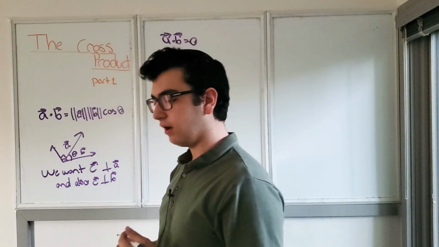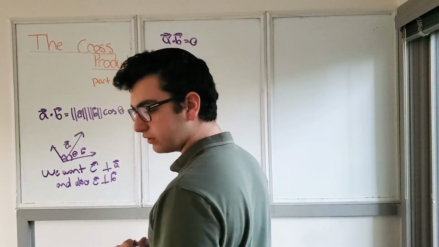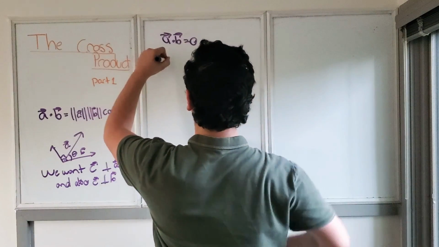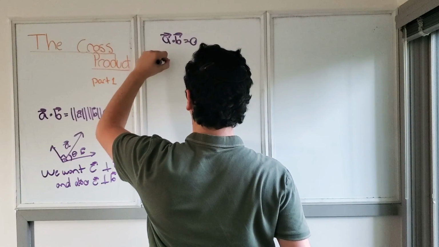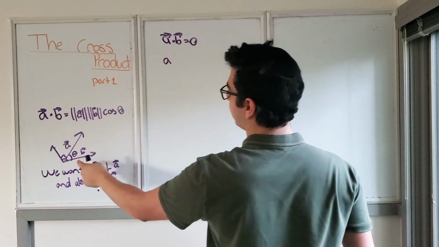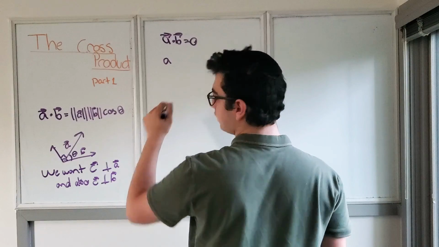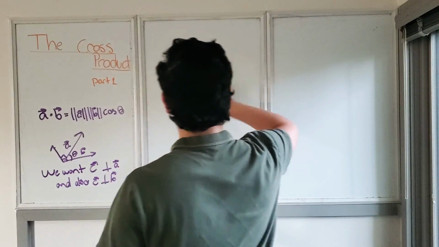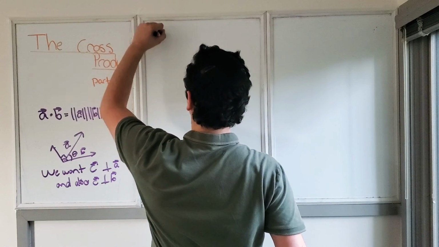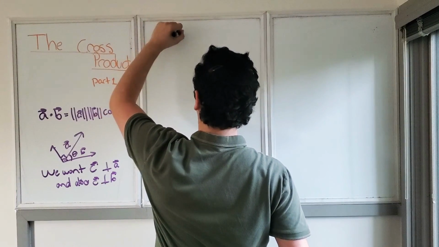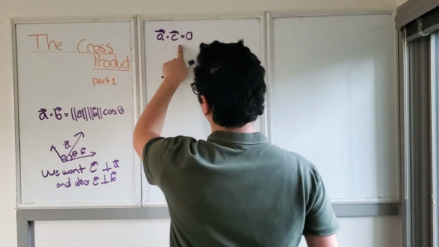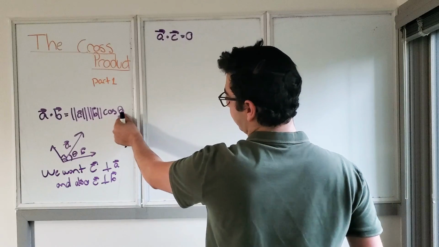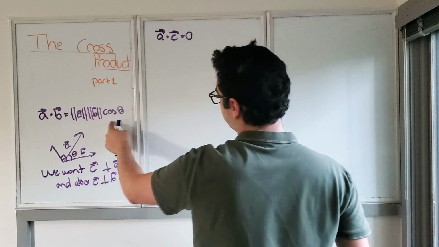That right there is if you have A and B that are perpendicular. So we want to find some vector C that is perpendicular to both vector A and vector B. And so that means that when we dot vector A with vector C, the cosine of theta will be 0 because theta will be pi over 2, which means they're perpendicular.